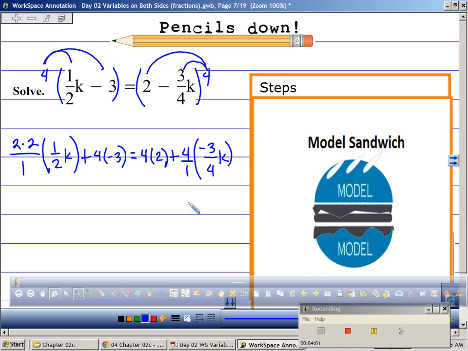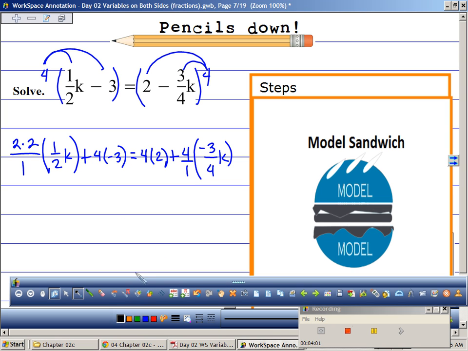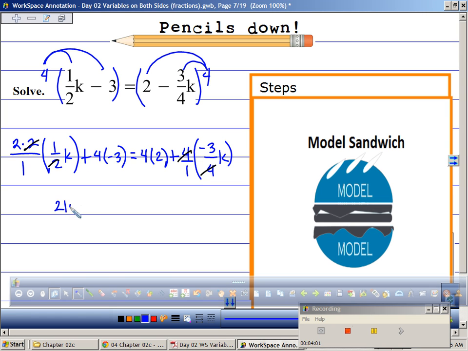Oh, this 4 should have a 1 underneath it, right there. All right, I'm going to go through and clear my denominators. 2 divided by 2 is 1. 4 divided by 4 is 1. Let's multiply. 2 times 1k is just 2k. 4 times negative 3 is negative 12 equals 8. Nothing left here except for negative 3k.